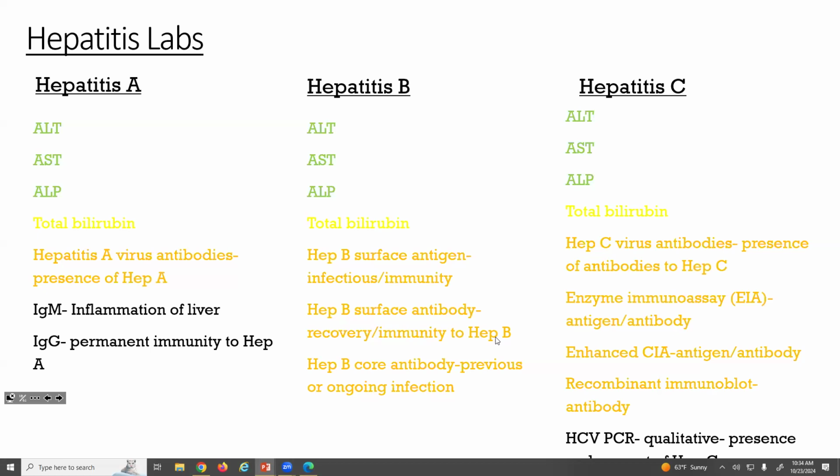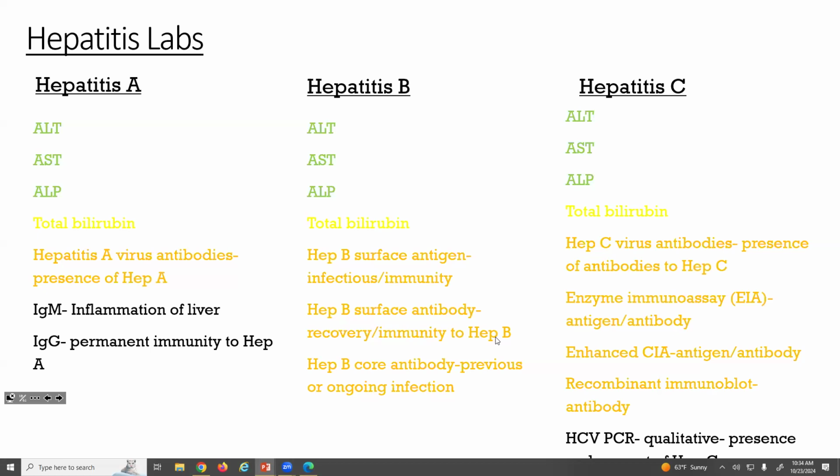So hepatitis A, those are the labs you're looking for. ALT, AST, ALP, bilirubin, the hepatitis A antibodies. These IgM and IgG, those actually help determine the stages of inflammation.